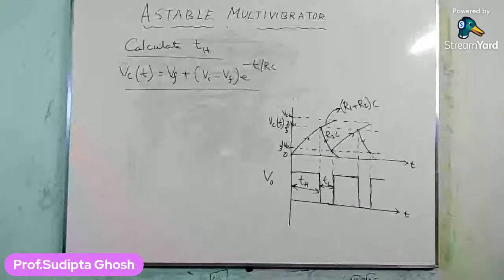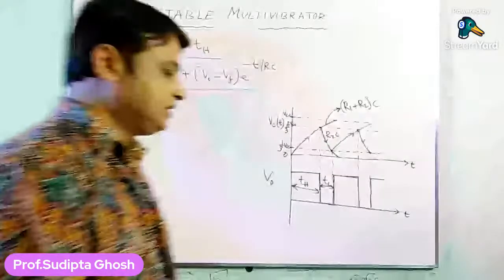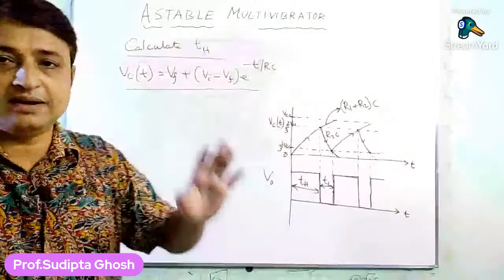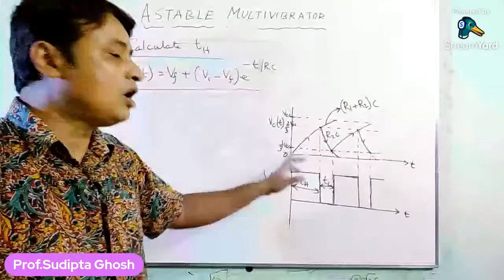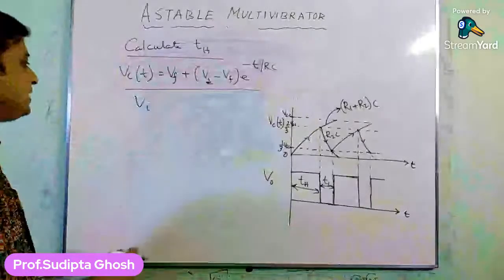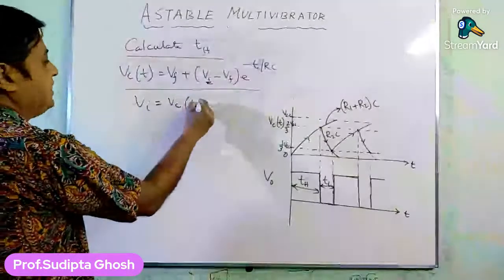Now as we are considering the case of charging, during charging the initial voltage is 1/3 VCC. You will see from this particular graph, there may be a confusion while considering the value of the initial voltage VI, the capacitor value when time t is 0.